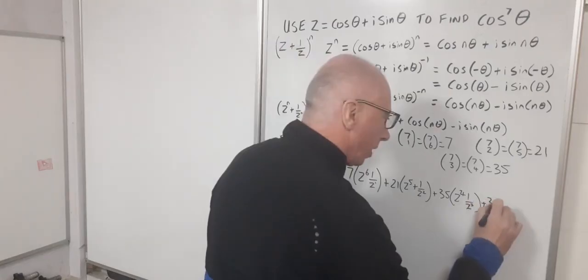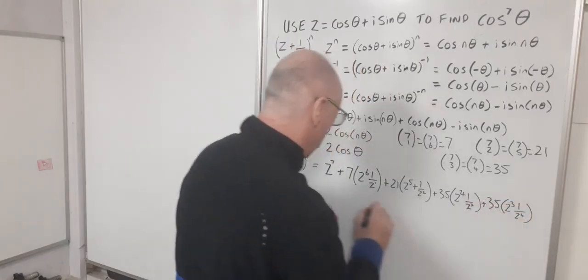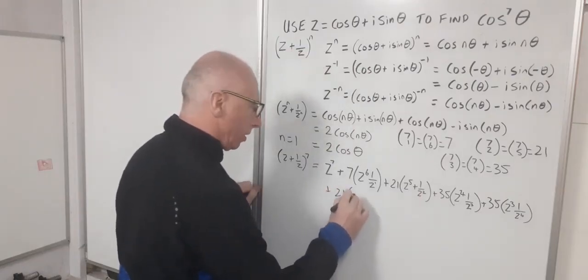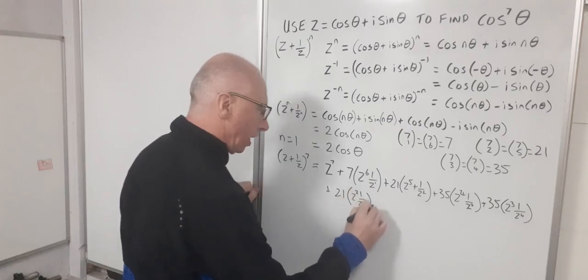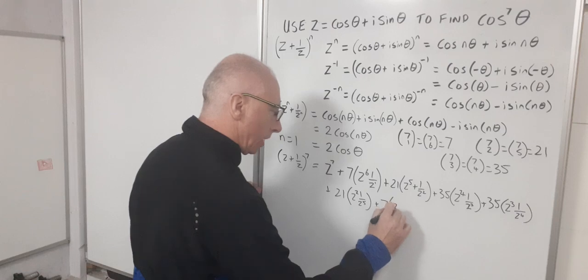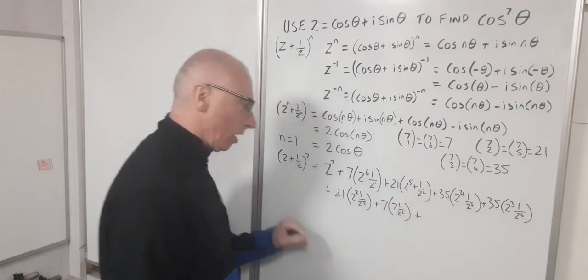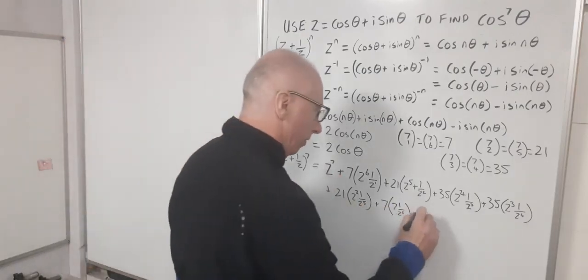So 35 z to the 3, 1 over z to the 4, plus 21 z squared, 1 over z to the 5, and then plus 7, and then I've got z times 1 over z to the 6, and then I've just got here 1 times 1 over z to the 7, so 1 over z to the 7.